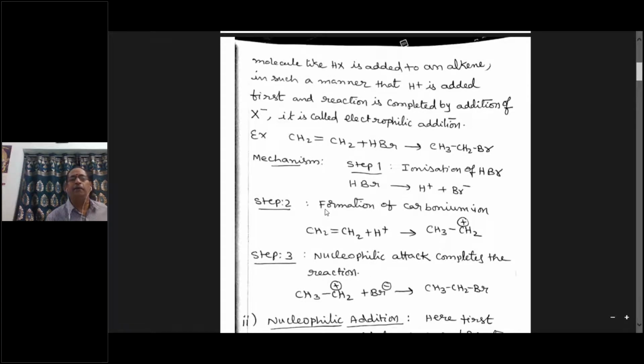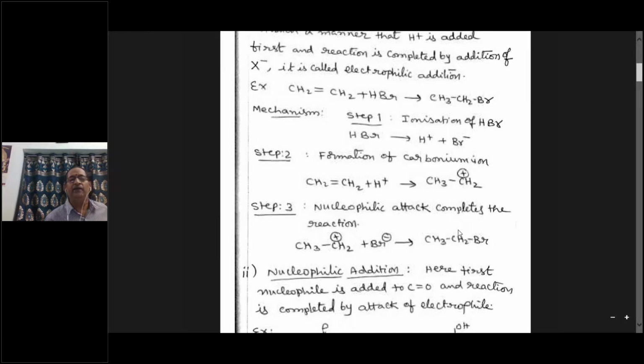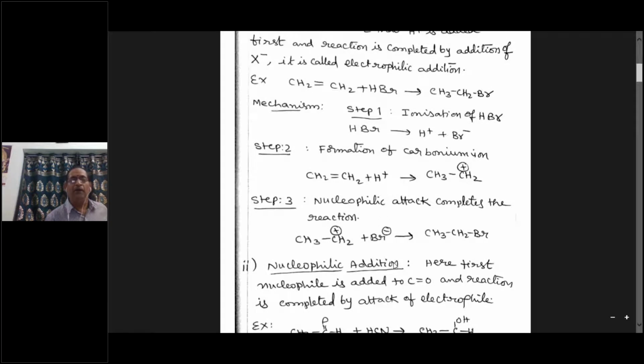In the second step, a carbonium ion is formed by the addition of H plus ion to the ethylene, and we get ethyl carbonium ion. In the last step, this carbonium ion is attacked by Br minus ion, or we can say that Br minus is added to the carbonium ion, and finally we will get ethyl bromide.